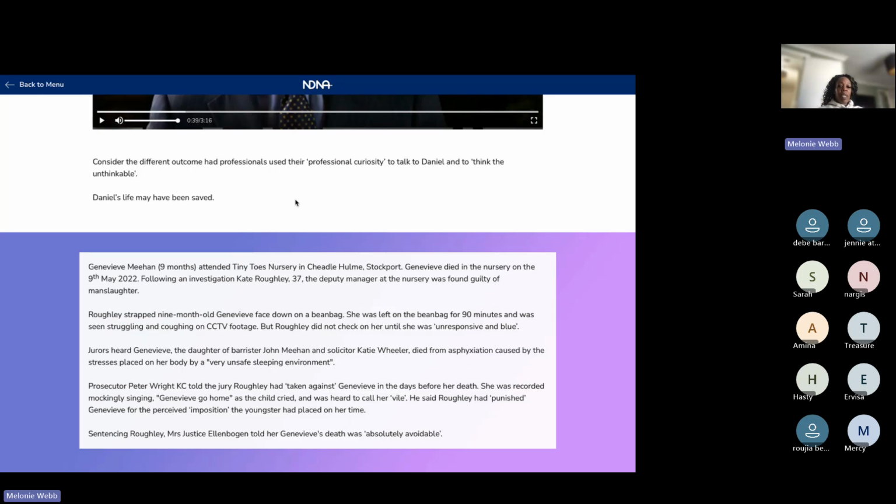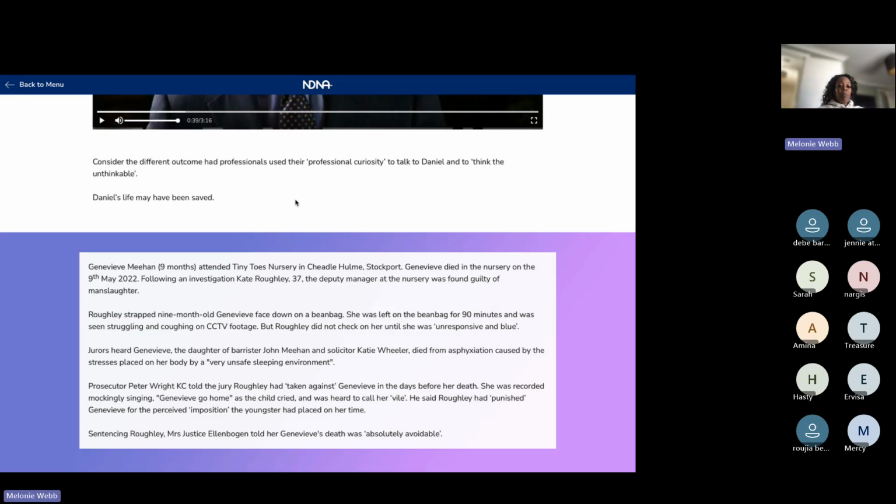Jurors heard that Genevieve, the daughter of barrister John Meehan and solicitor Kate Wheeler, died from asphyxiation caused by the stresses placed on her body by a very unsafe sleeping environment. Prosecutor Peter Wright told the jury that Ruffley had taken against Genevieve in the days before her death.